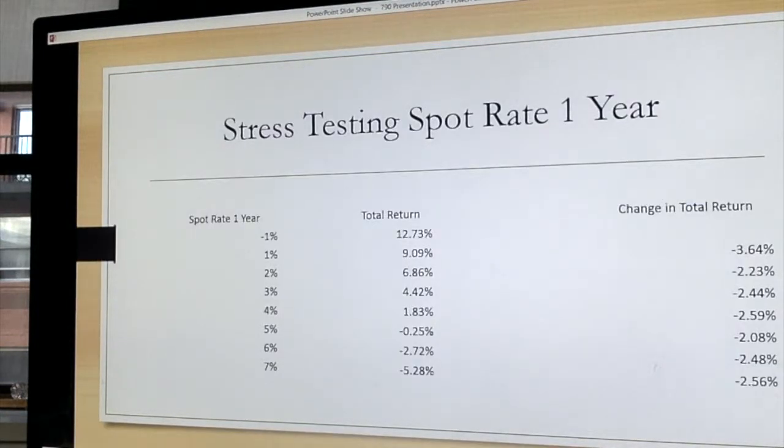Yes, one of the most important things is the stress testing of the portfolio, and I decided to go with the 1-year government spot rate to stress the portfolio. I calculated the total returns when we changed the interest rates by 1%.